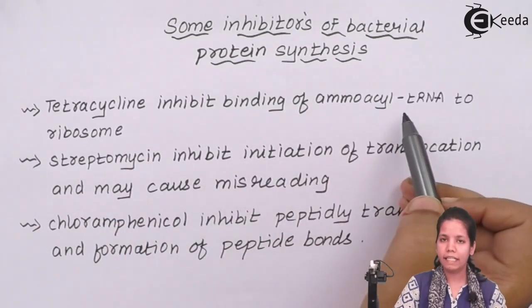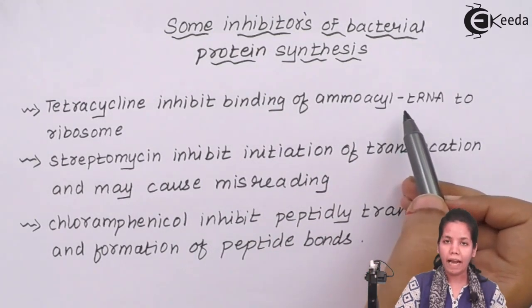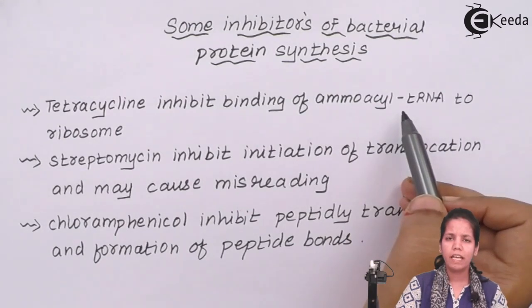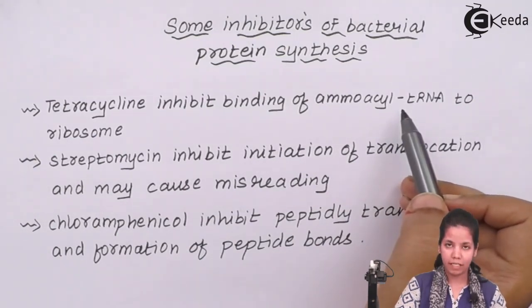Now aminoacyl tRNA is nothing but activated transfer RNA. Now imagine a situation in which your activated tRNA cannot bind to the ribosomes. mRNA is already present with its genetic bases exposed. On that, your ribosomes come and bind.